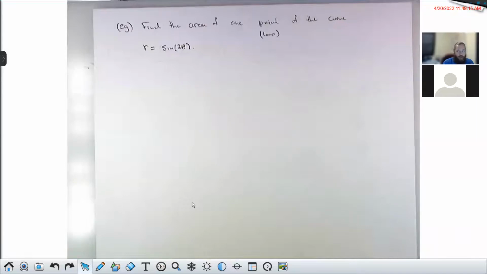Again, in order to know what we're doing and to have any idea what sort of symmetries we might use, we need to draw the curve. So I asked you last time, can you find the relationship between sine n theta and the number of petals in the graph?